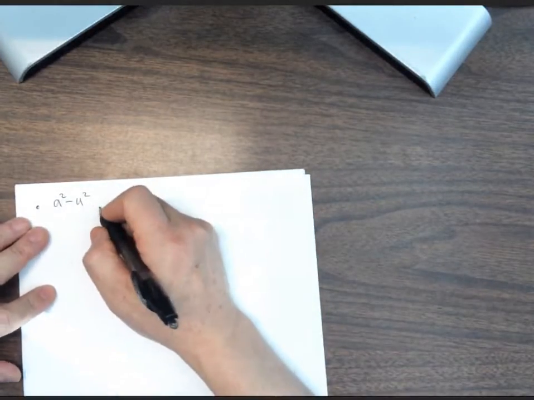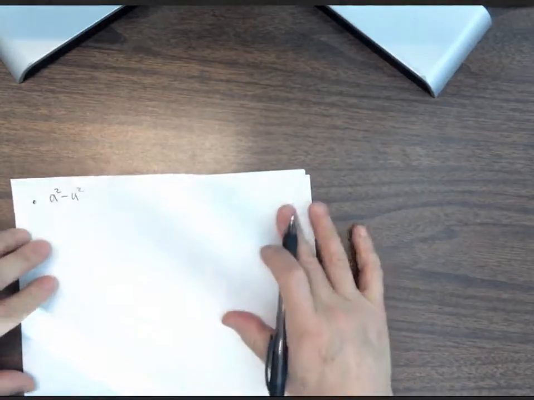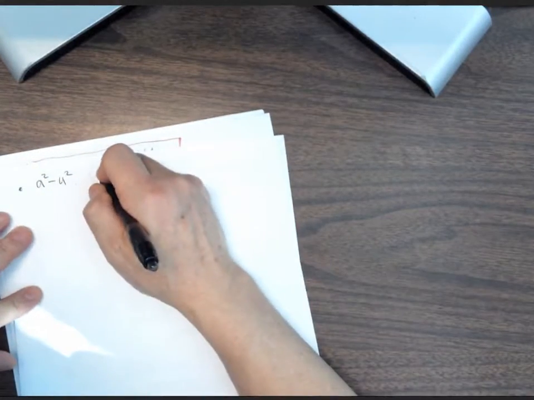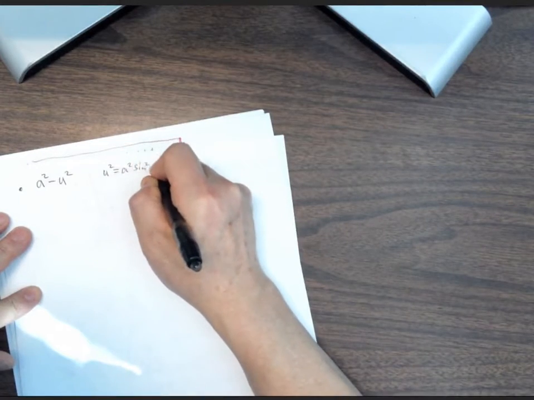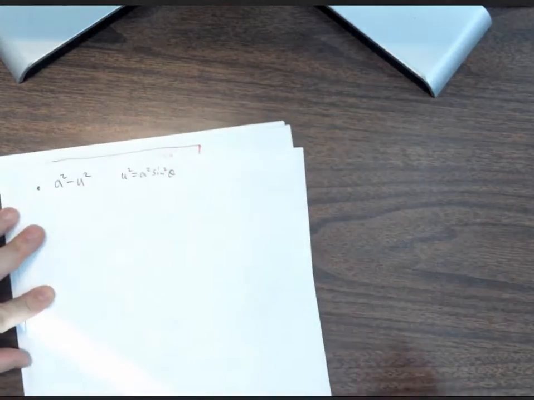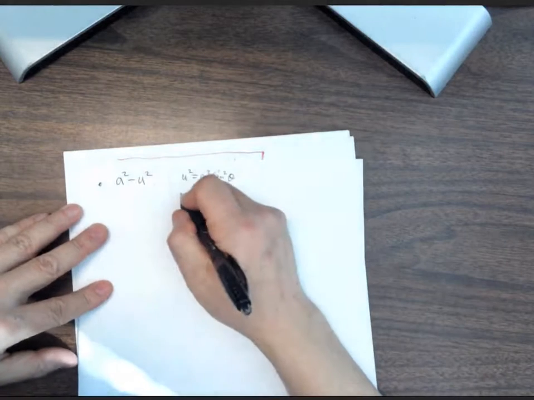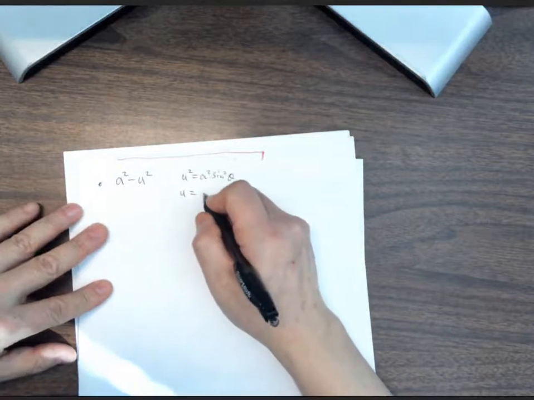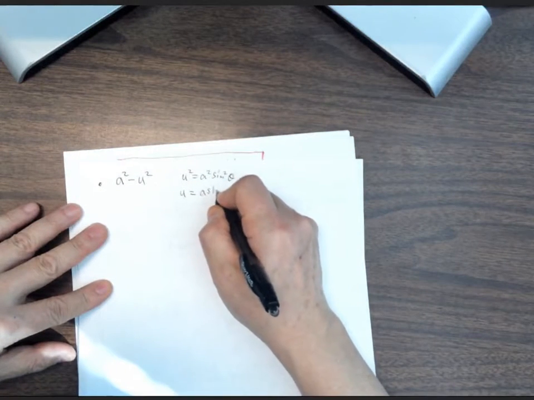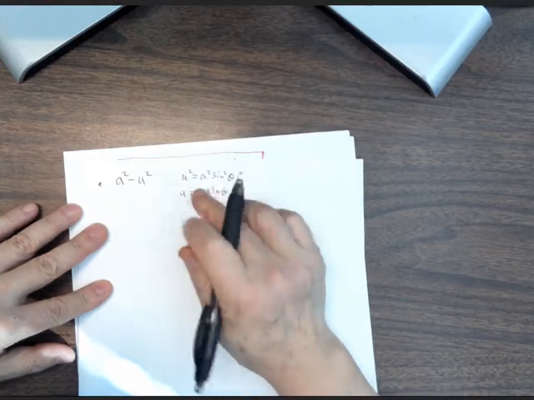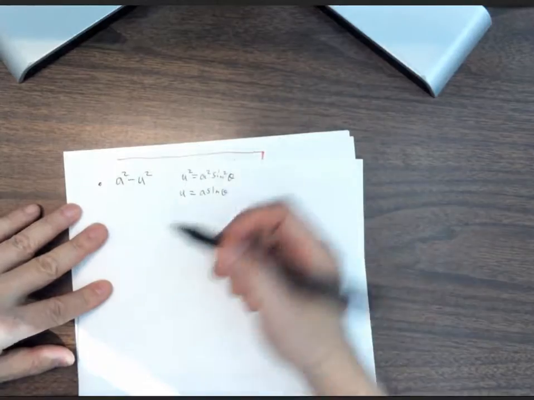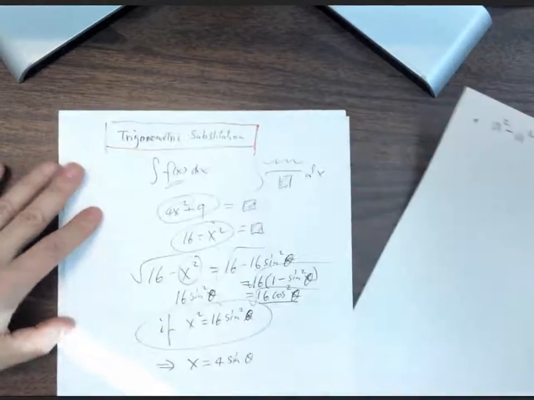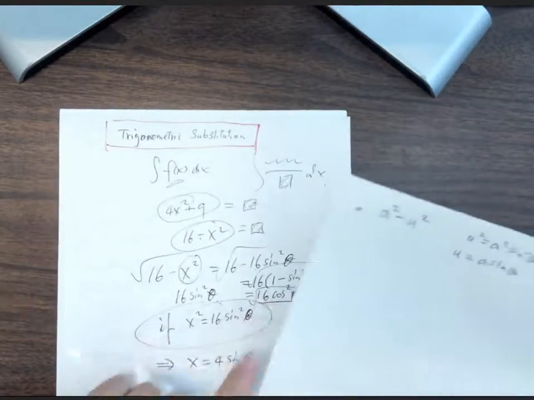For this, our thinking is like here: u squared better be a squared sine squared theta. This way our substitution is u equal to a sine theta. Then we just plug in, and at least this difference can be turned into a single term, like that.